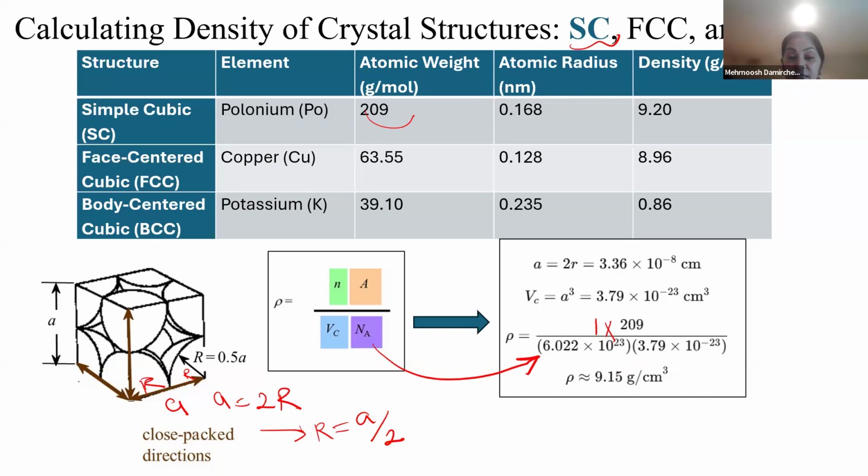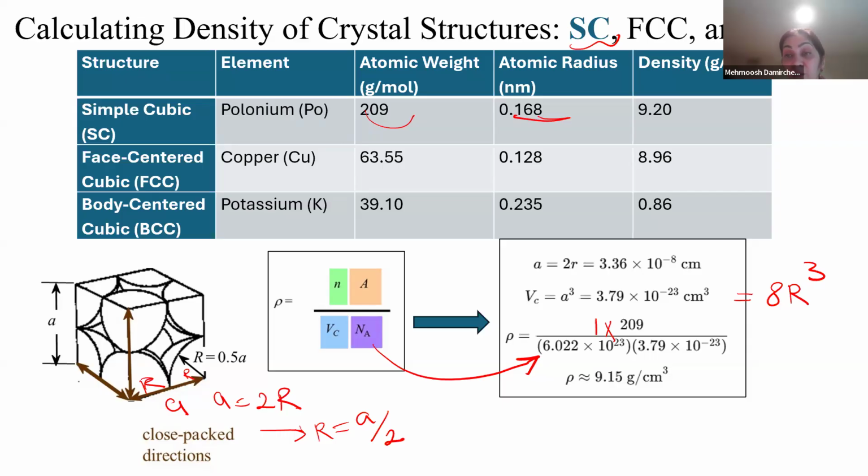VC is A cube. Instead of A, substitute 2R, so it should be 8R cube. And R we have from here, 0.168, and substitute here, and it should be 3.79 times 10 to minus 23 centimeter cube.